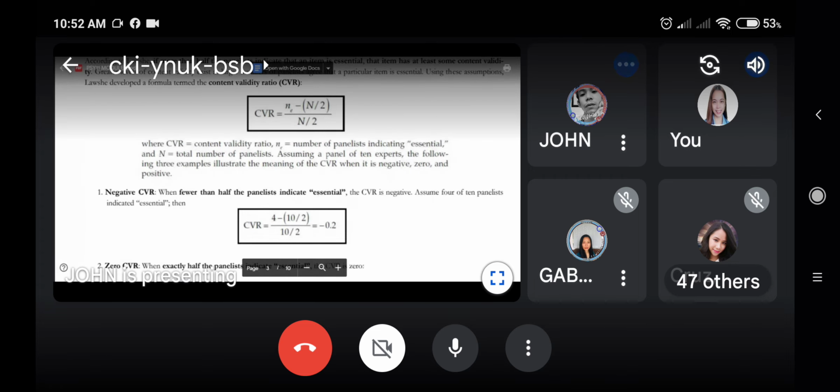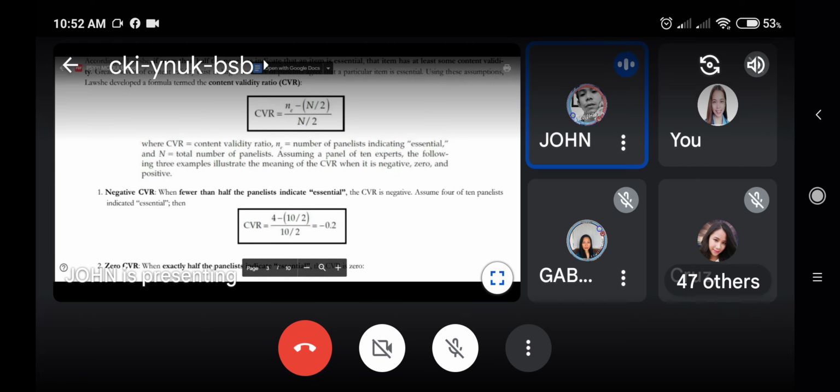15, right? So that's 15 divided by 2, so that's 7.5. How many said that item number 1 is essential? 9.